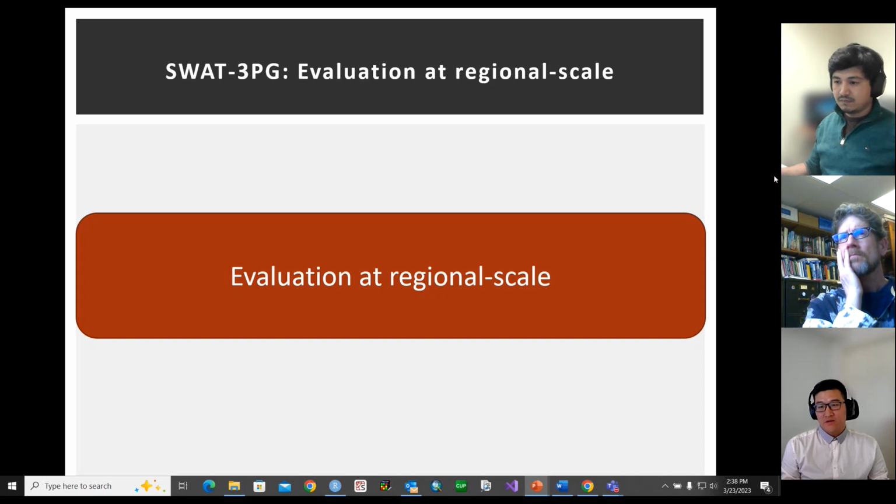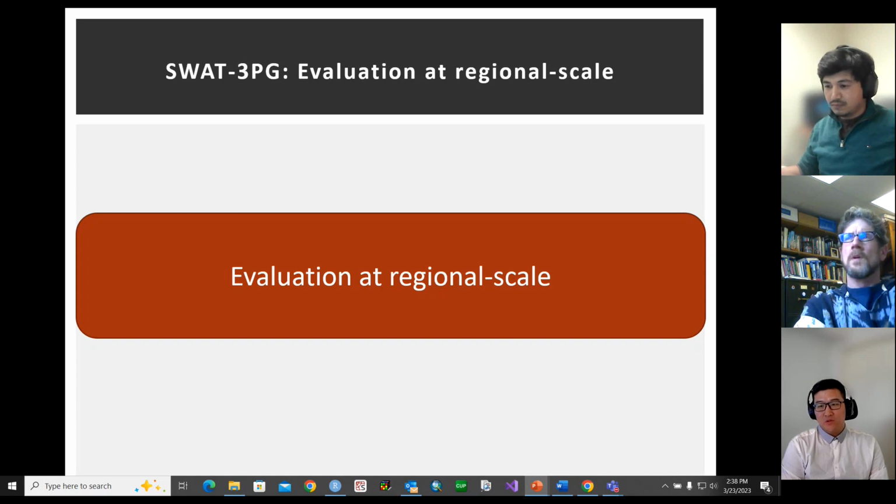But it's harder to do a national. Our model is a watershed model, so we need to select a watershed. And so the Mississippi River Basin would be another target for us. But this is the first step to achieve the larger goal.